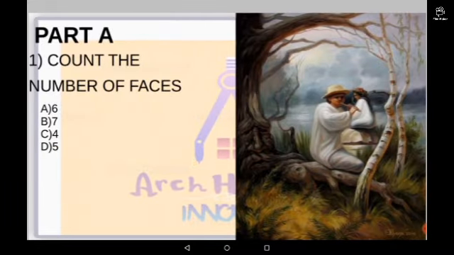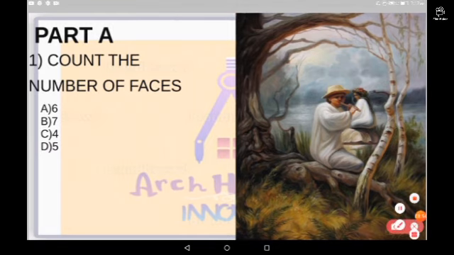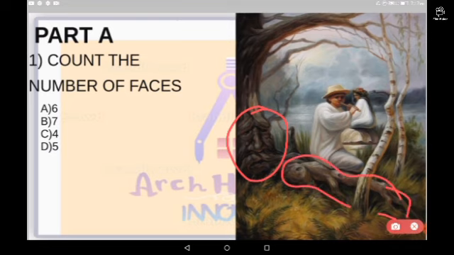Now this is the next question: count the number of faces. No one has any doubt, but someone asked what is the answer. Is the option C? Sorry, the option is not C or 4. We can find the hidden faces from this figure. One is over here in the tree. One is lying down here, and still we can see his face. And one is climbing over that lying man. What a brutal thing he is doing, right?